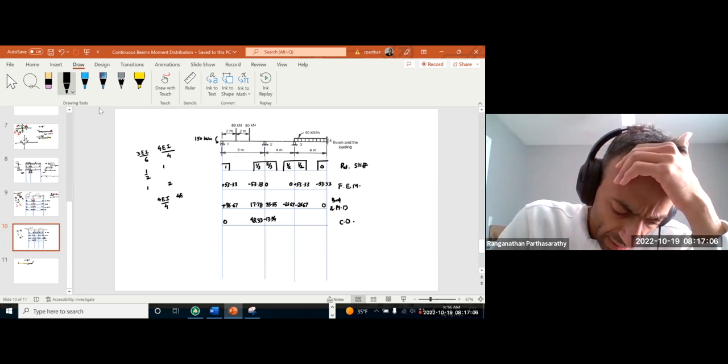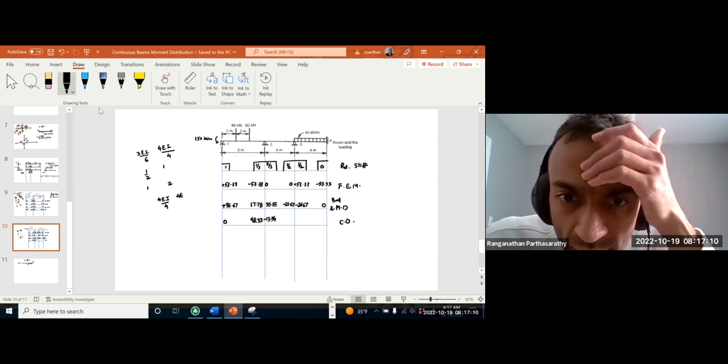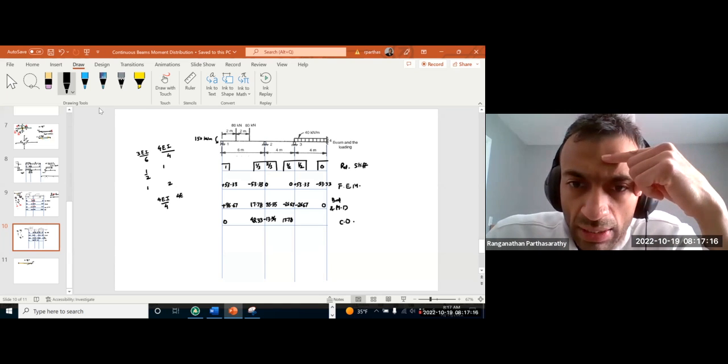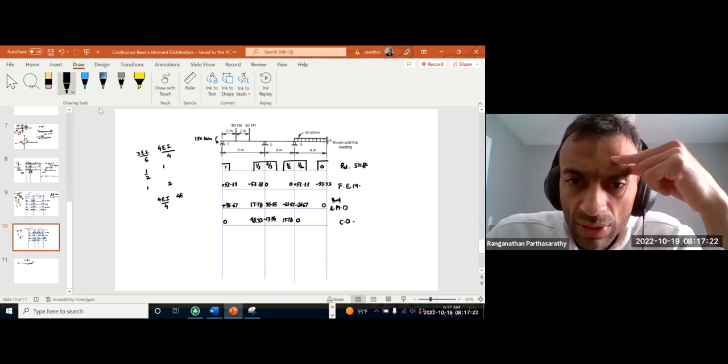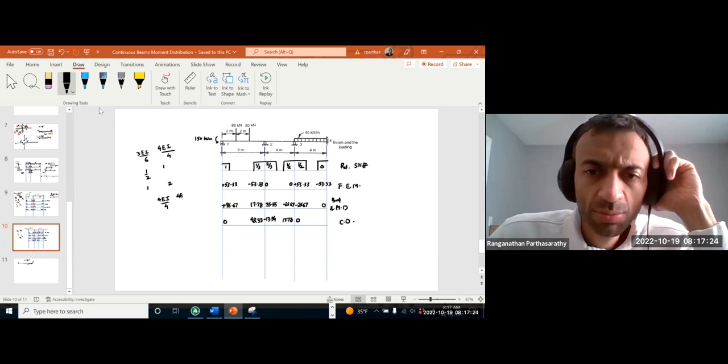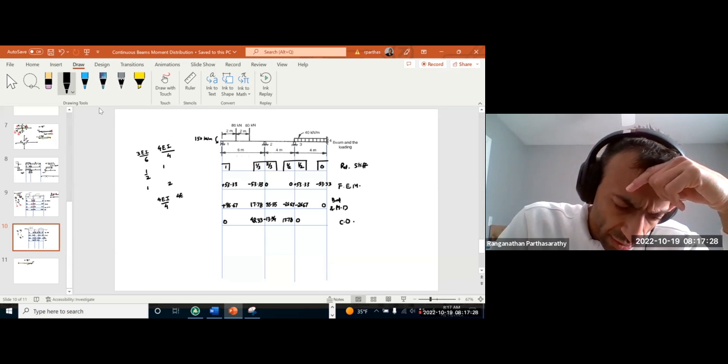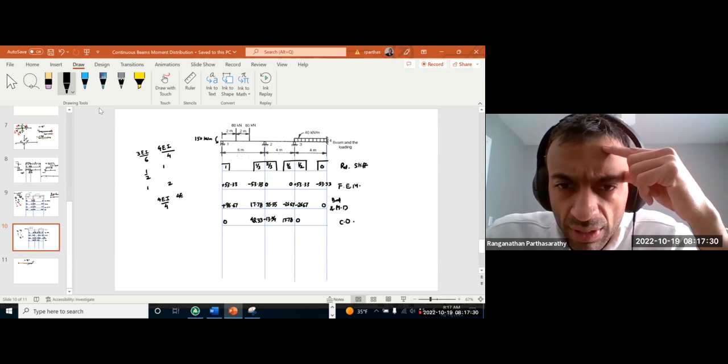Half of that will get carried over. Positive 17.78. And this is 0, so no carryover. This is negative 26.67. So half of that will get carried over. 13.34.